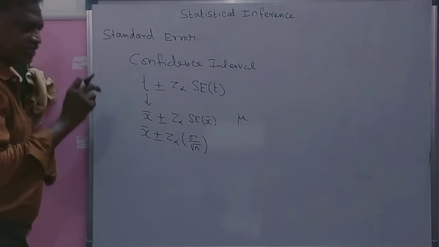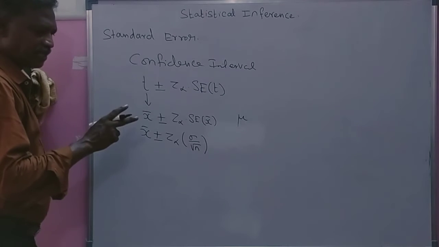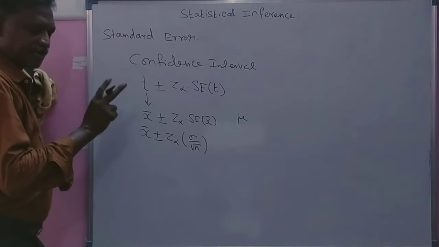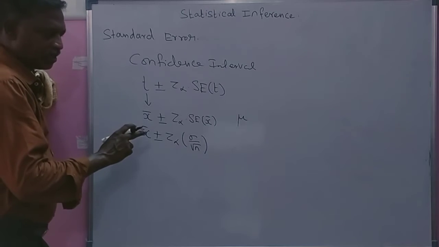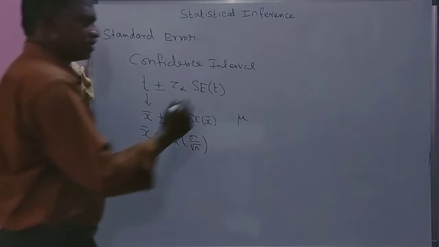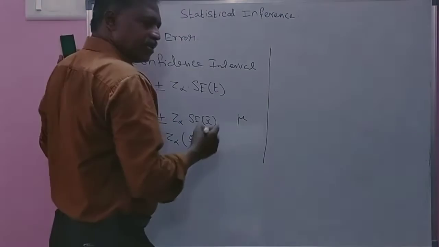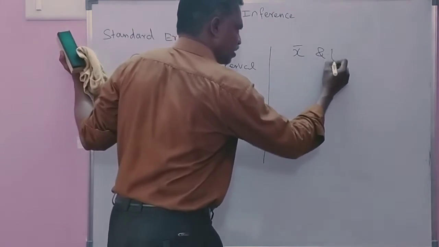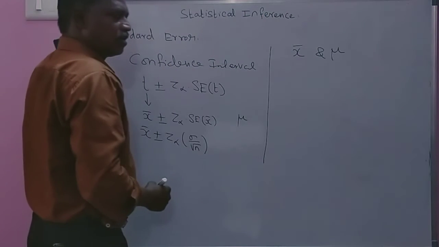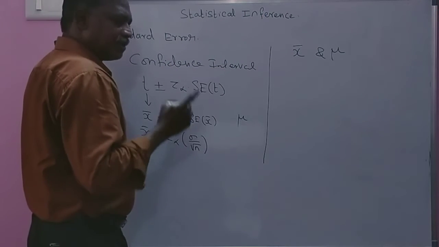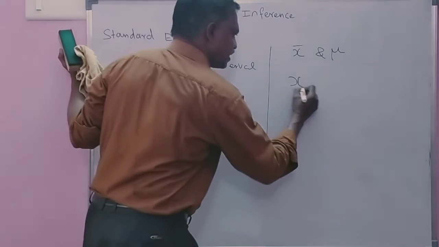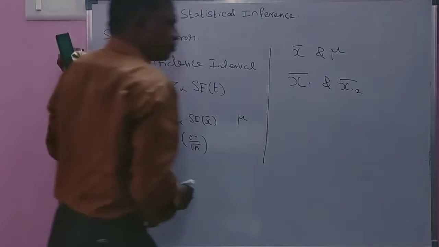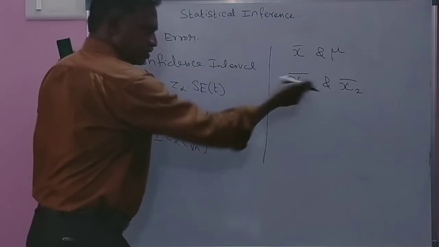Then testing of hypothesis is majorly used for two cases. One is the difference between a sample statistic and a population parameter. For example, we can test the significant difference between the sample mean x bar and the population mean. Another is the difference between two sample statistics, the significant difference between two sample statistics.